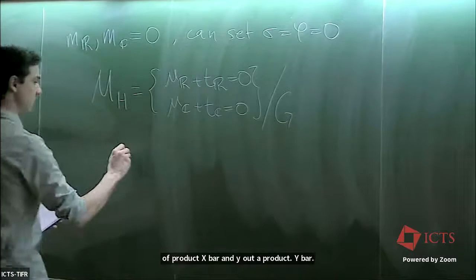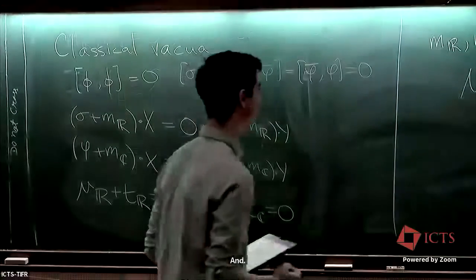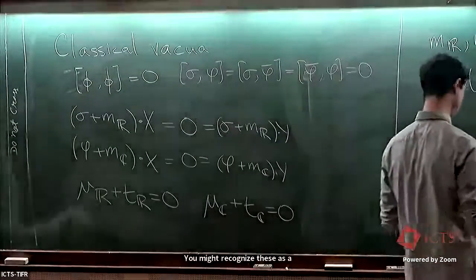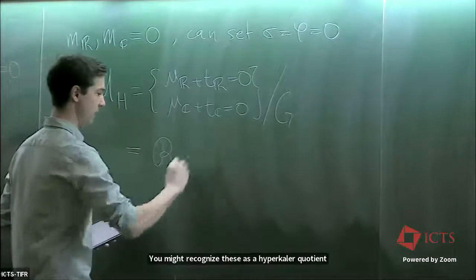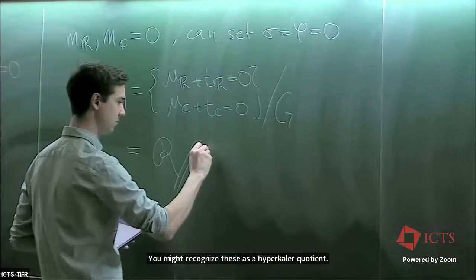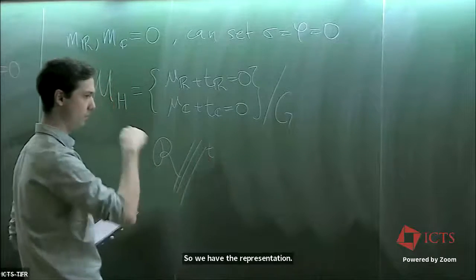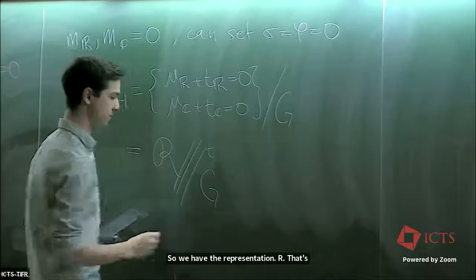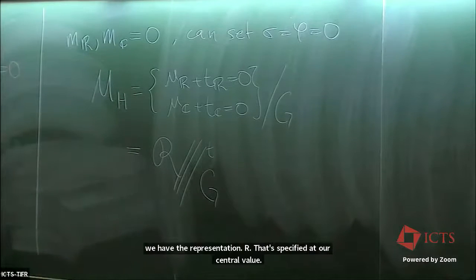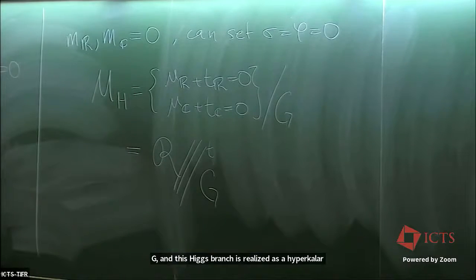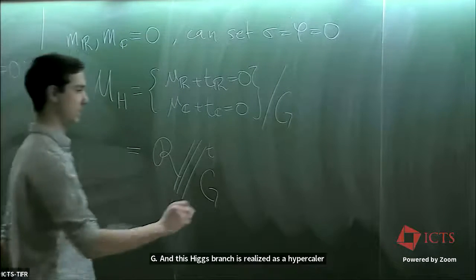And you might recognize these as a hyperkähler quotient. So we have the representation R specified at our central value G, and this Higgs branch is realized as a hyperkähler quotient of our representation R. And this thing is called the Higgs branch.